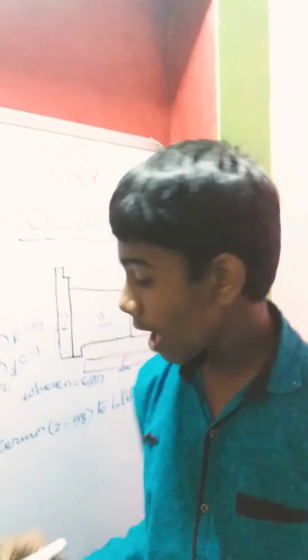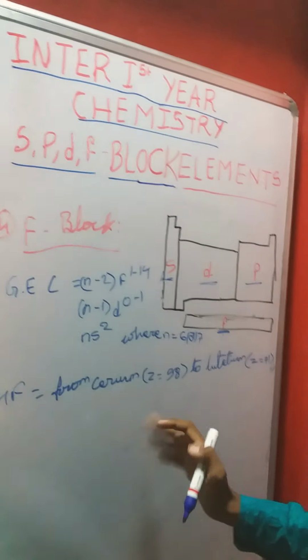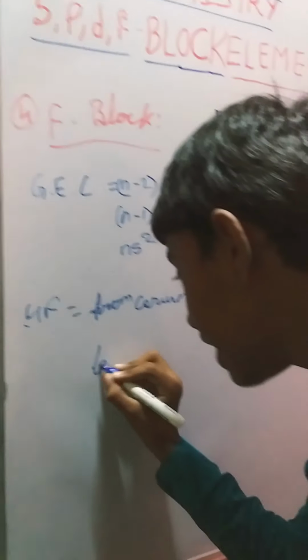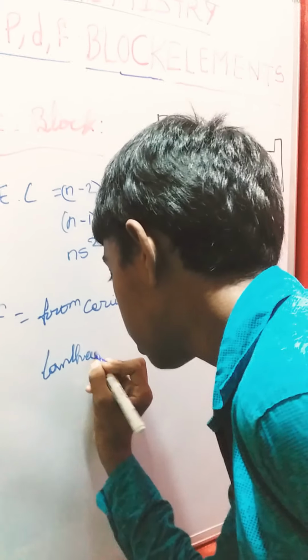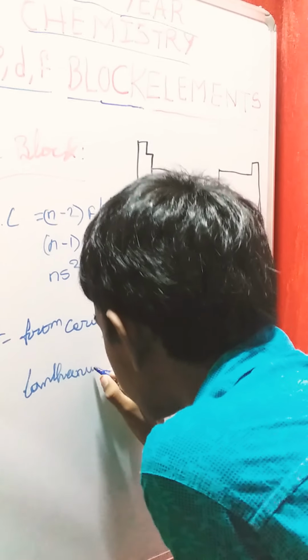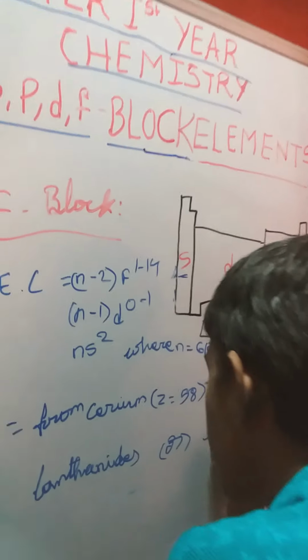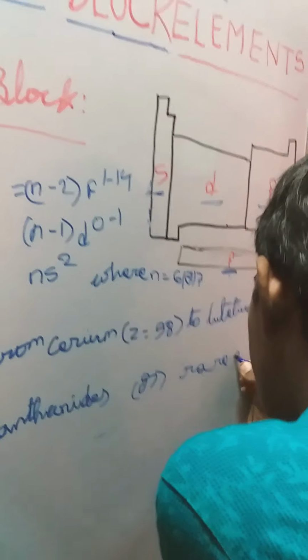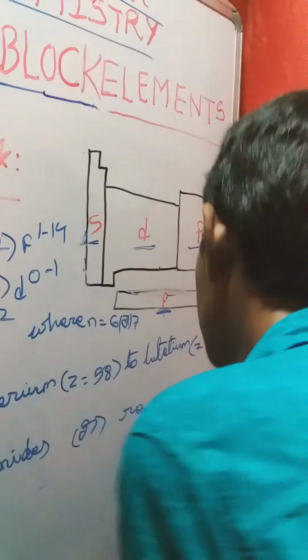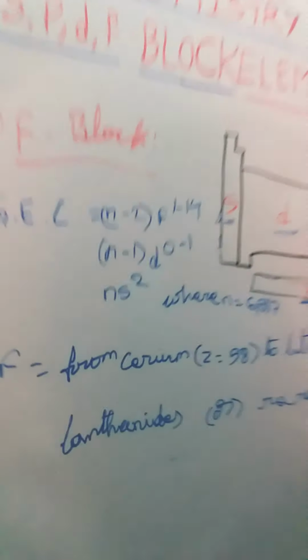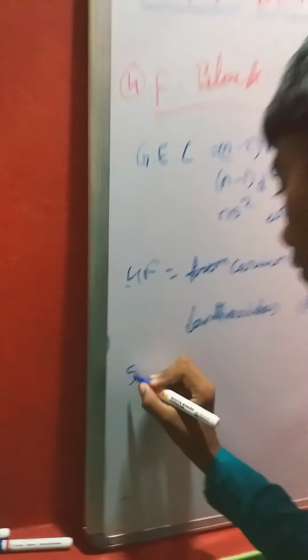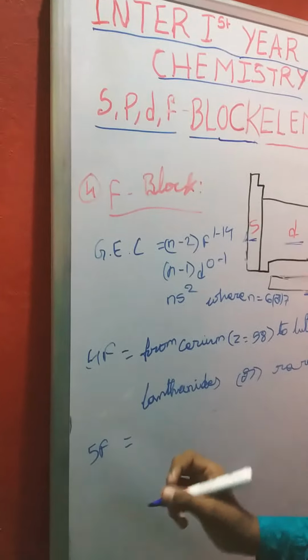The elements of this series are called lanthanides or rare earths.